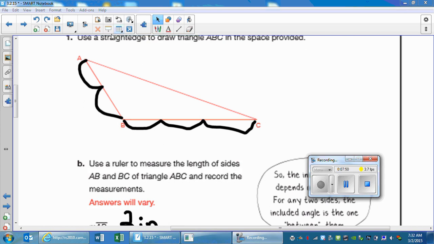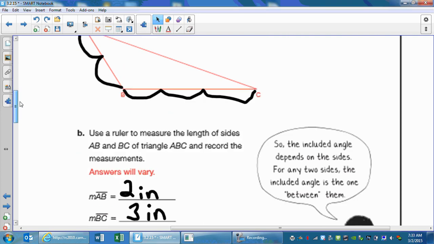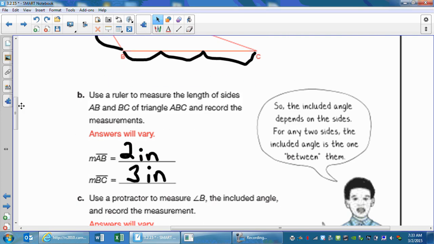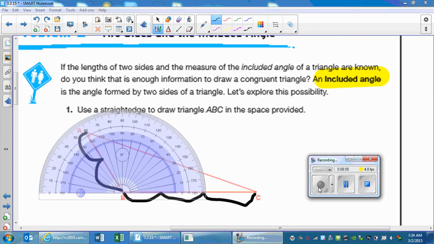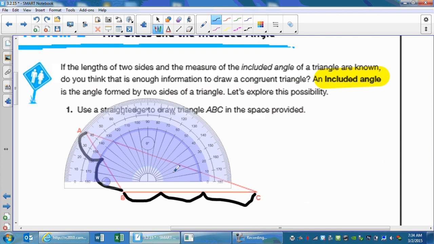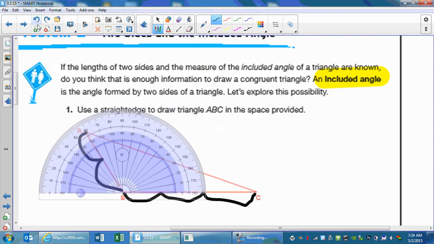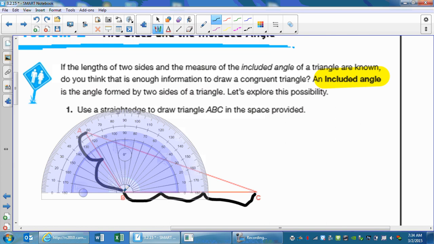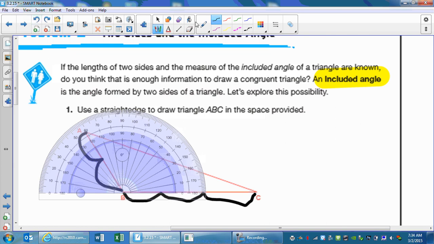Okay, so down below it wants to know the side lengths of AB and BC. So let's say AB is about 2 inches and BC is about 3 inches. Now it wants us to find the measurement of angle B. All right, so if I put a protractor on my triangle, we will see the measure of angle B, so from here to here, is about 120.